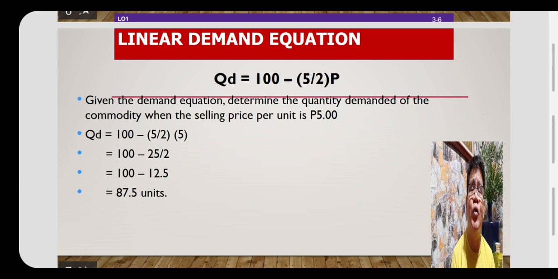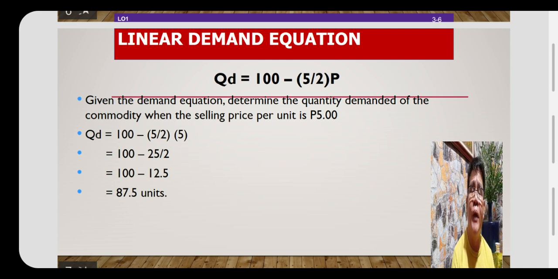Now if we solve through algebra this value of Q, we have Q equals 100 minus 25 over 2. 25 because 5 times 5 is equal to 25, and the denominator is 2. So 100 minus 12.5 will be the result.